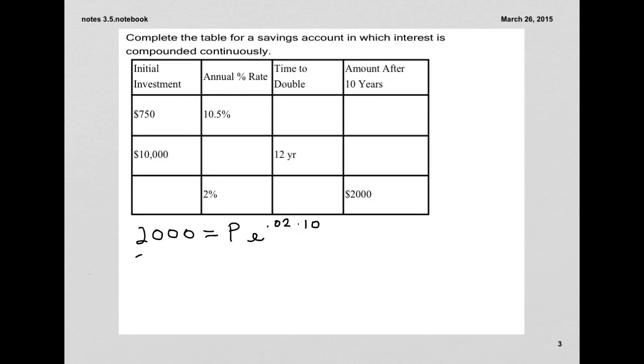So that's 2,000 equals P e to the 0.2, and all we need to do is divide both sides by e to the 0.2.